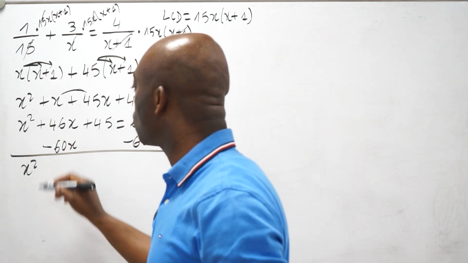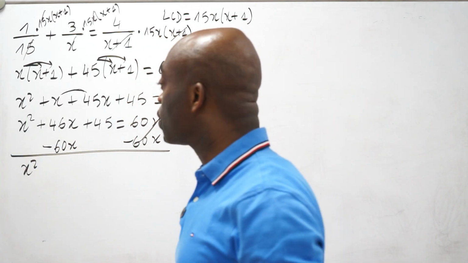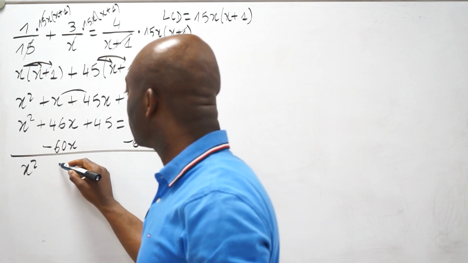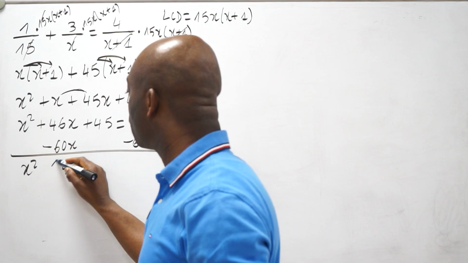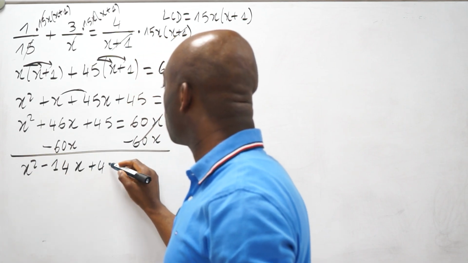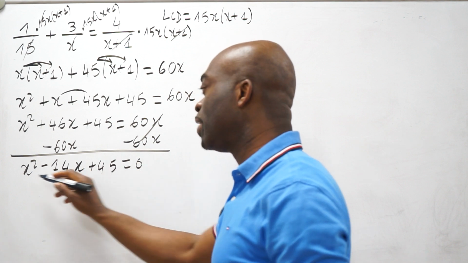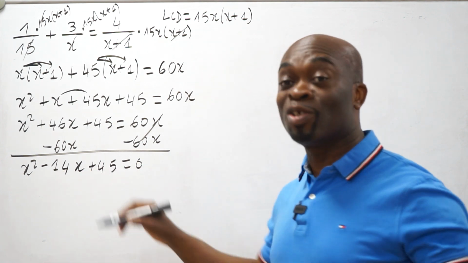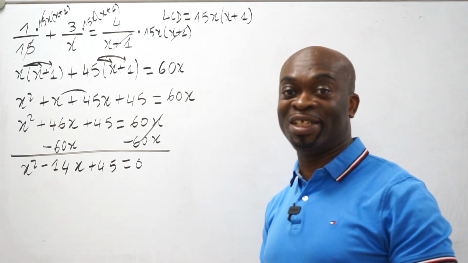So we have x squared, and when we subtract 60 from 46, we end up with negative 14x, plus 45 equals 0. So we end up with x squared minus 14x plus 45 equals 0. So this is now the quadratic equation that we're dealing with.